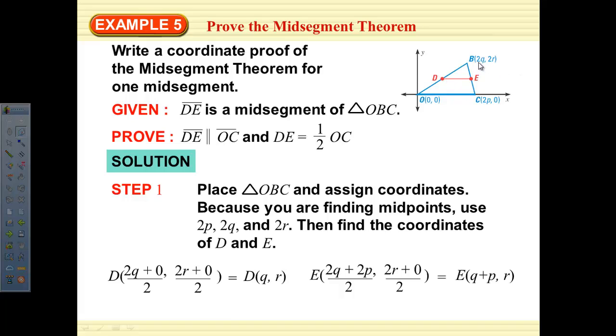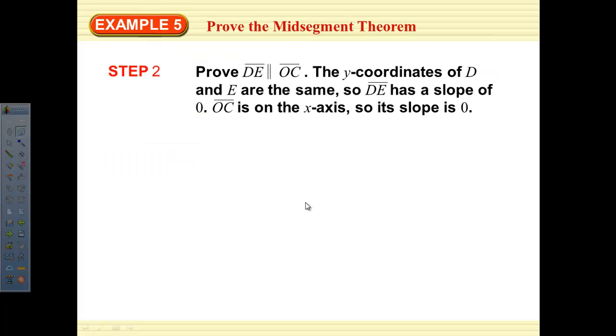And similarly, we would do 2q plus 2p divided by 2 here. And for the y's, it would be 2r plus 0 over 2. We divide this by 2 and we get q plus p comma r. So we have D, which is at q, r, and E, which is at q plus p comma r.